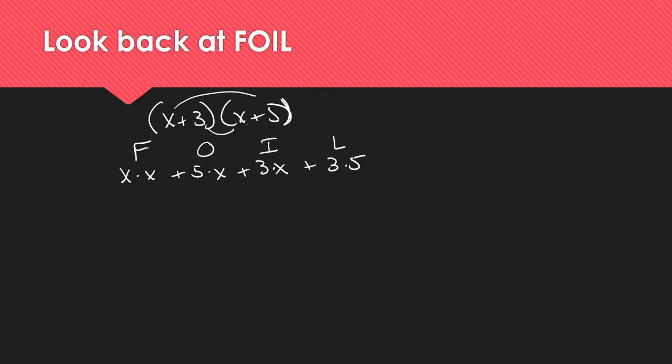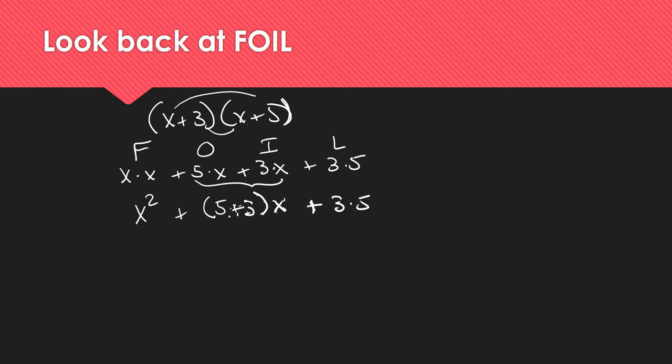I'm going to leave it in a little different form than we're used to for right now. But let's go ahead and look at our x squared. These two terms get combined. 5x plus 3x is 8x. But I'm going to write it as 5 plus 3 times x. And I'm going to leave this for now as 3 times 5.